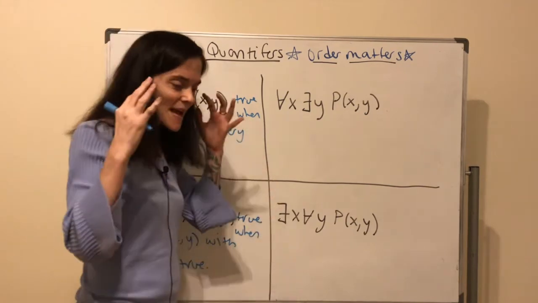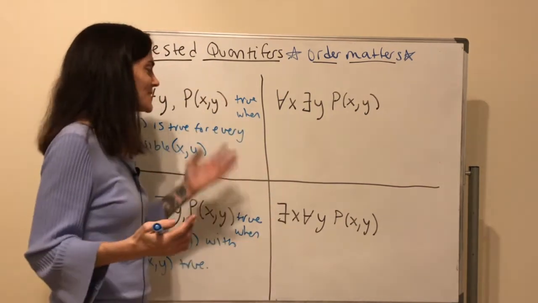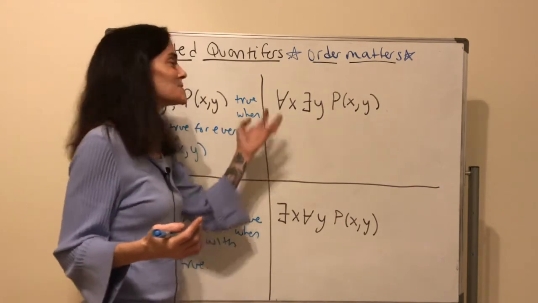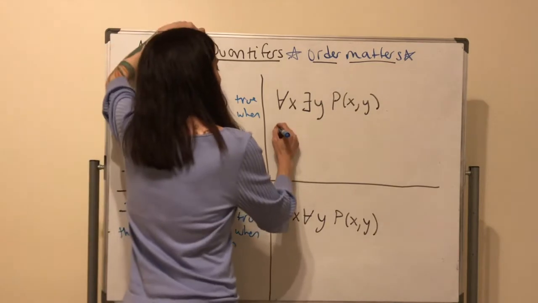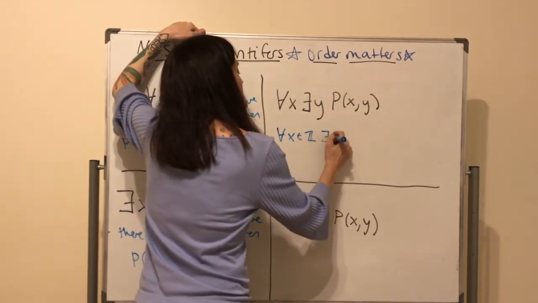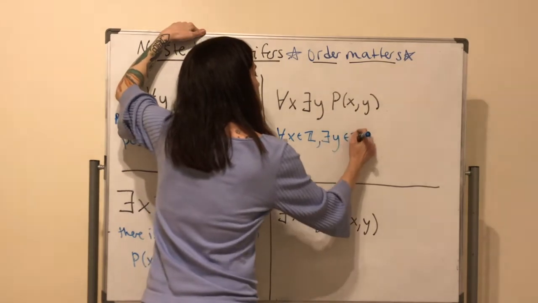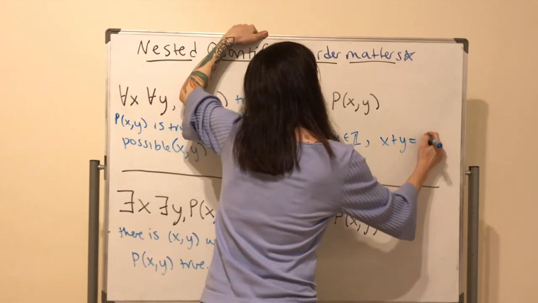Now, sometimes thinking about it like this is challenging. So let me use an example, and hopefully this will help you think about the difference between these two. So let's see: for all x in Z, there exists y in Z such that x plus y is 0.